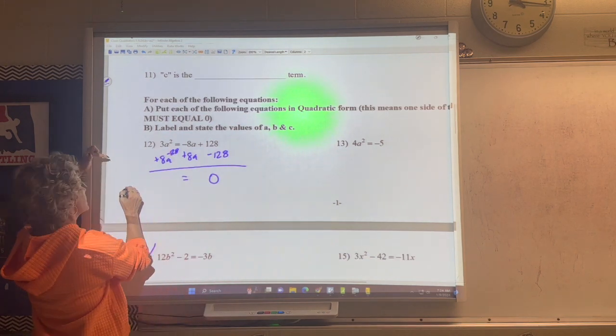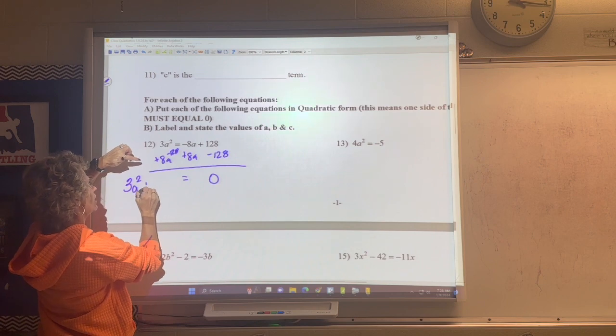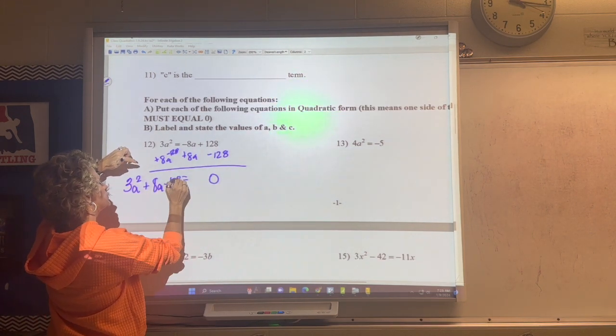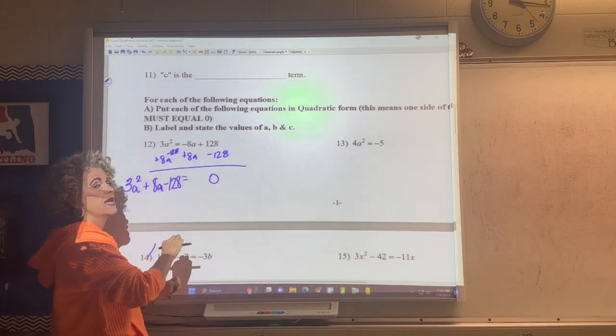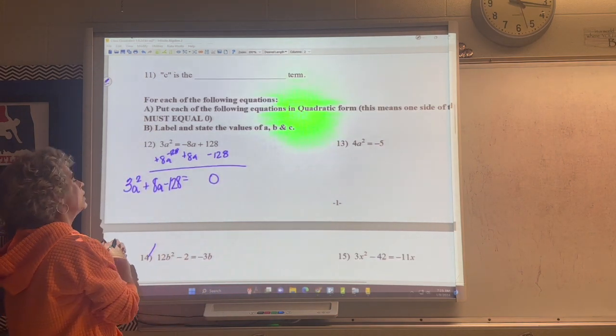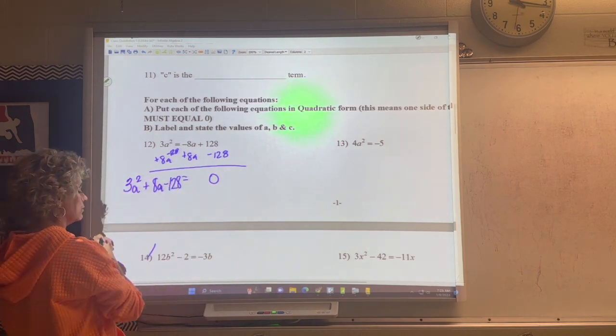On the left-hand side, I have my quadratic term, positive 3a squared. I have my linear term, a positive 8a, and I have a minus 128. I need to emphasize these are not like terms. This is not something you can combine. We're just getting one side equal to 0. There's no terms to combine.